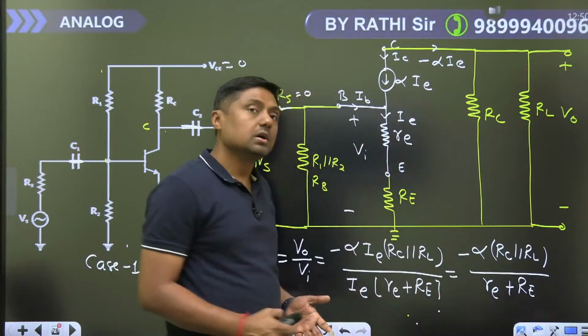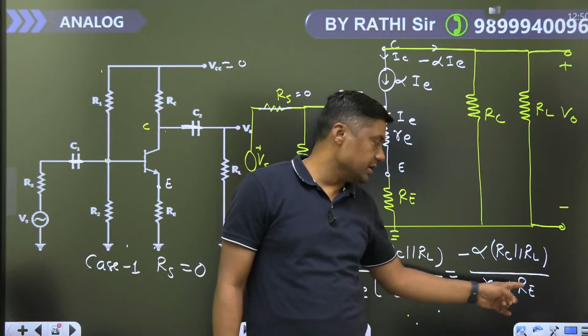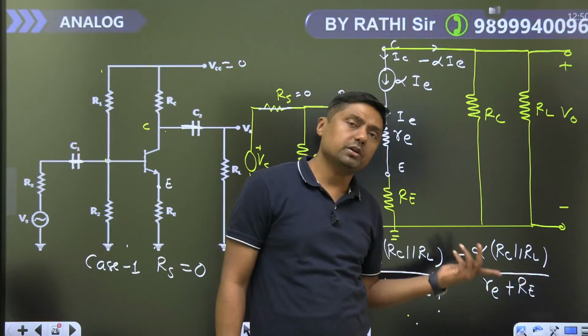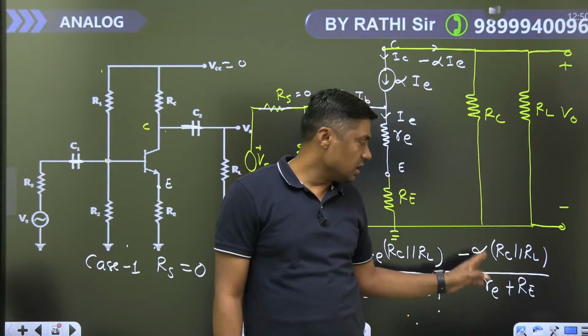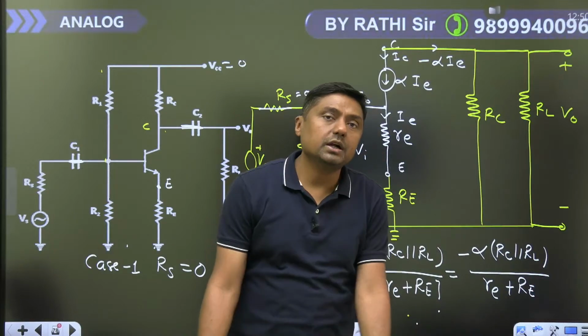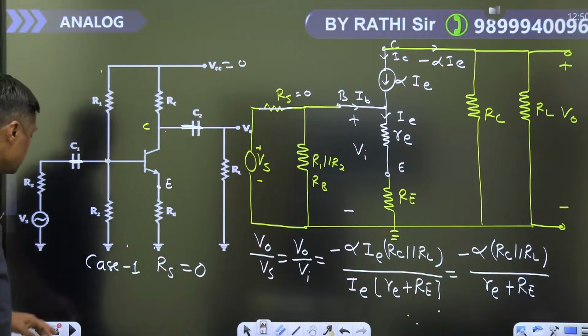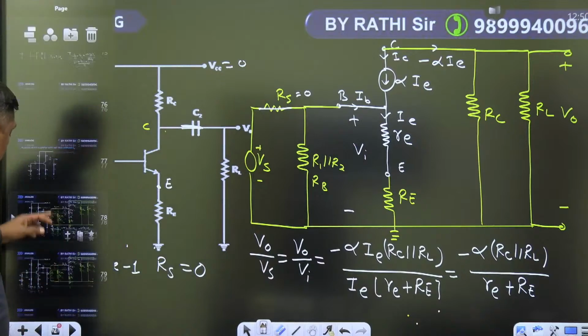That is the answer. So if RE is not bypassed, you have to add the capital RE here. If it is bypassed, then remove it. Simple answer: minus alpha RC parallel with RL upon re plus RE. So that is the answer. Now I am giving you the shortcut here. So watch this diagram. There are two things.